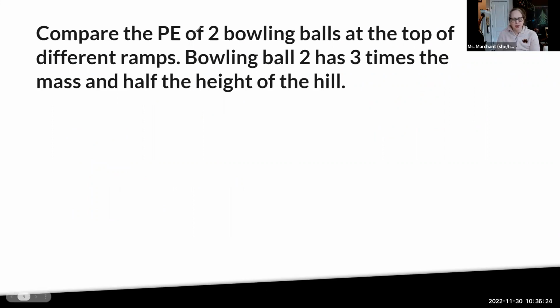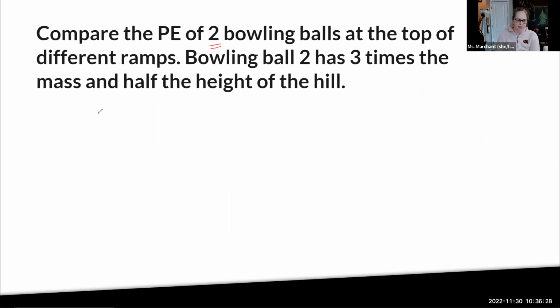Compare the potential energy of 2 bowling balls at the top of 2 different ramps. Okay, bowling ball 2. So the first one, I'm just going to say my ramp is height h. The bowling ball's up here, and he is mass m.